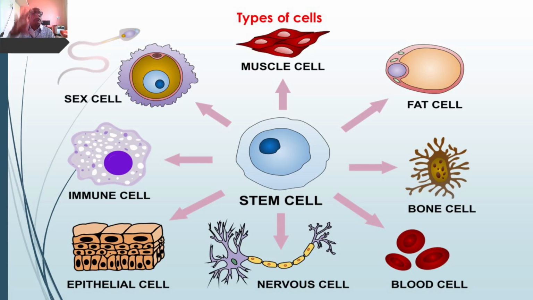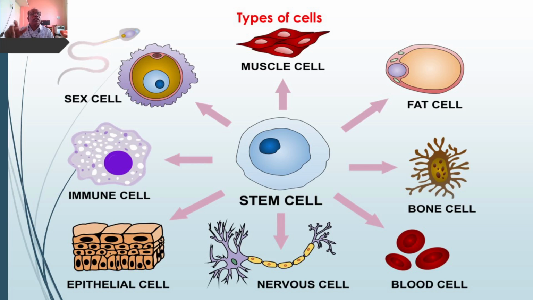We can use stem cells to replace a particular organ or tissue by a new one. This is the modern approach of treatment or therapy, that is the use of stem cells.